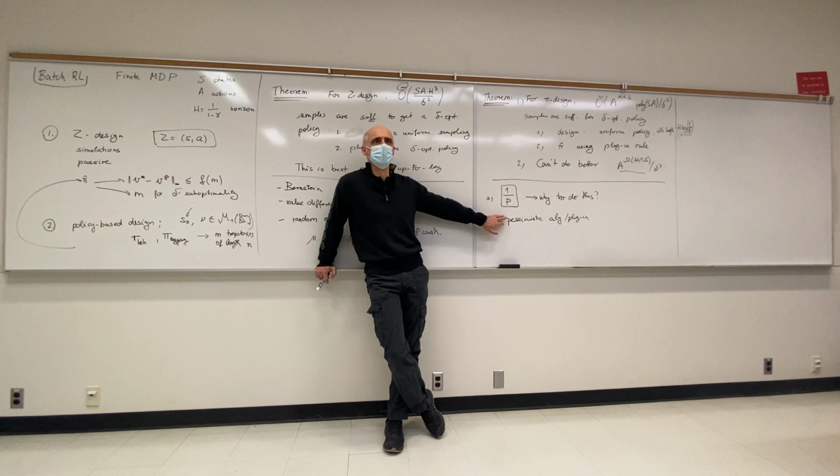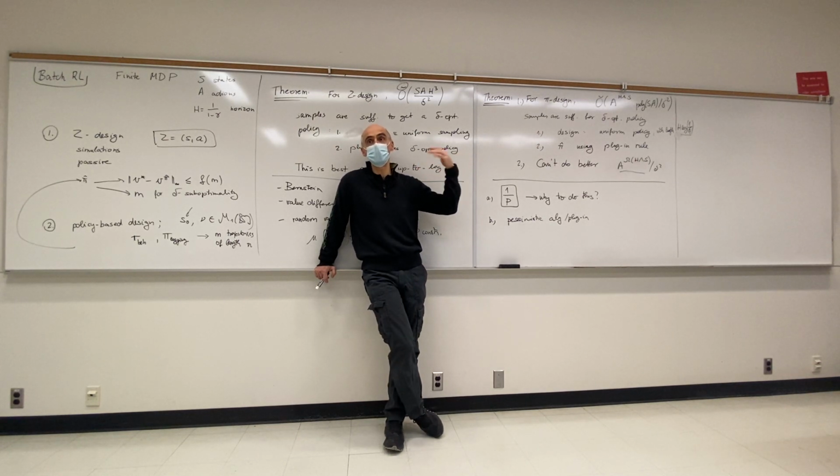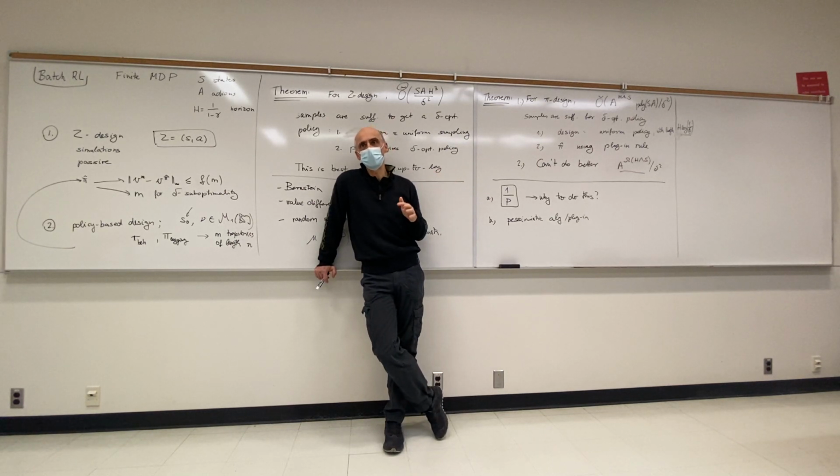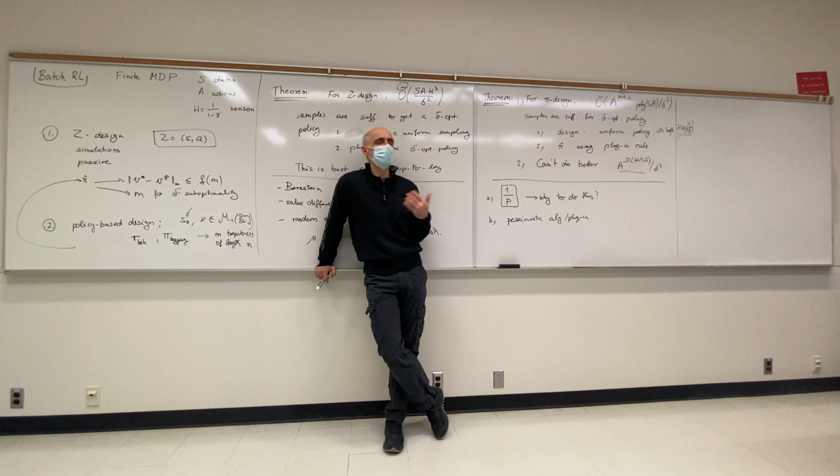If you care about continuing to improve your policy, and you have the view that you're running the current policy for the sake of improving in the future, then the pessimistic choice is the worst possible one. It's horrible. And you can make that rigorous, right? So it can get stuck.